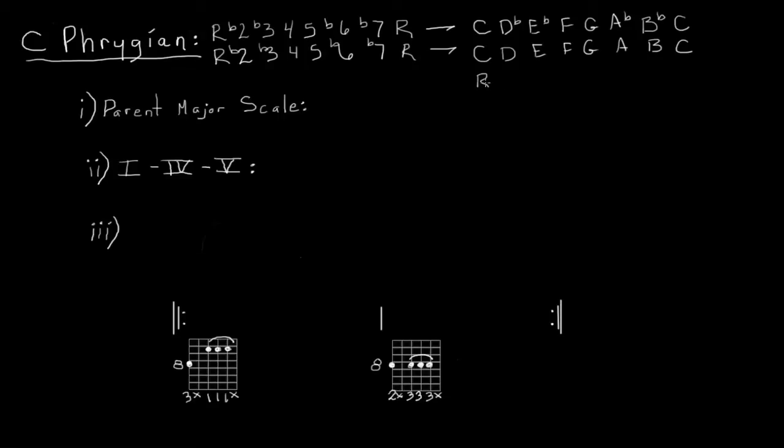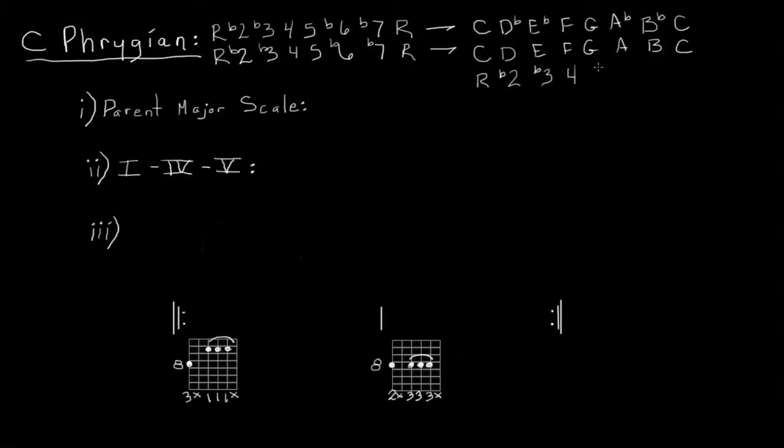We can see that the C's are the same, so the roots are looking good. In C Ionian or C major, we've got D, but in Phrygian, we've got a D flat, and that's where we get the flat 2 from. We've got an E from a C major, but in Phrygian we've got an E flat, and that's where we get the flat 3. F's are the same, so 4s are looking good.